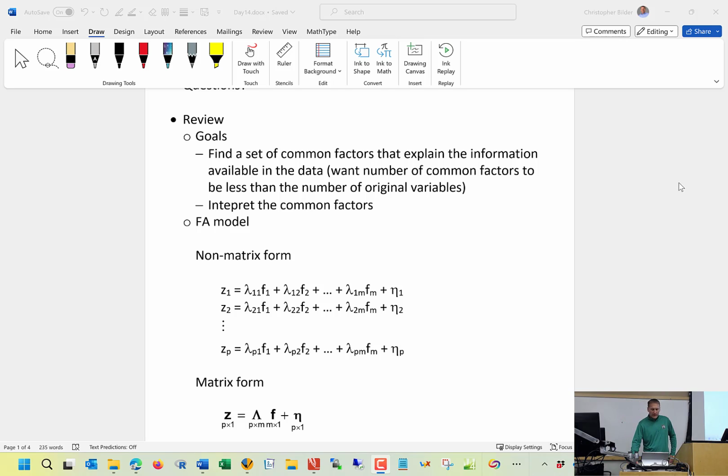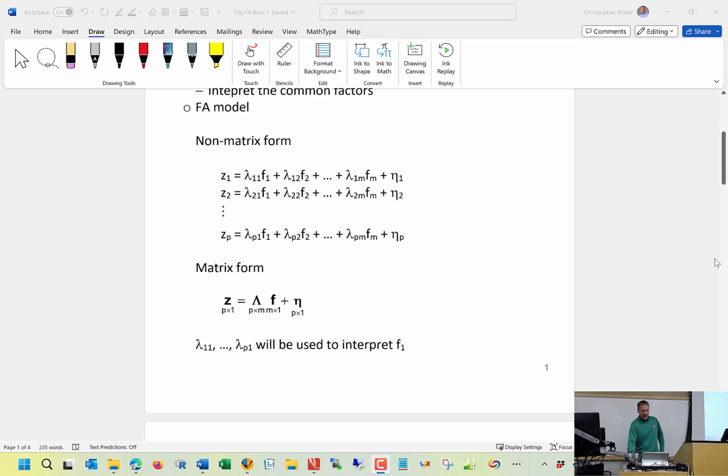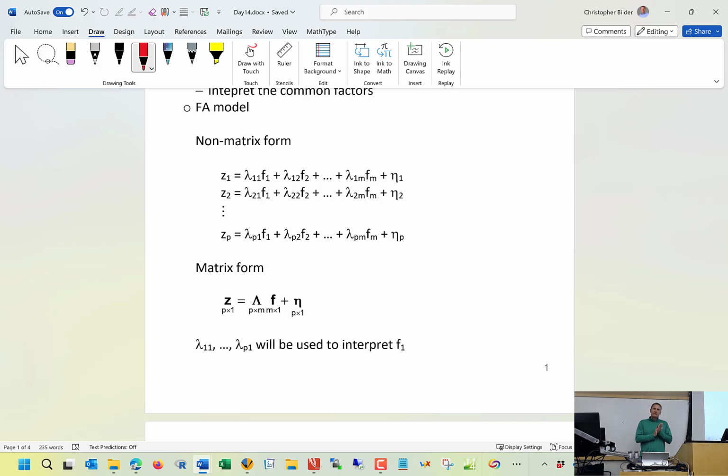And so we set up the following model. And again, I presented to you a few different representations of the model. Here's just the most widely used representation, where on the left side of these equations, we have our standardized variables. And on the right side is our assumed structure about how these variable values actually come about.